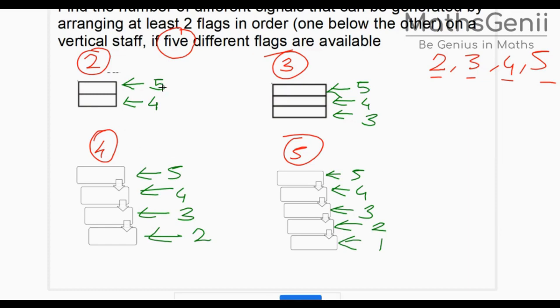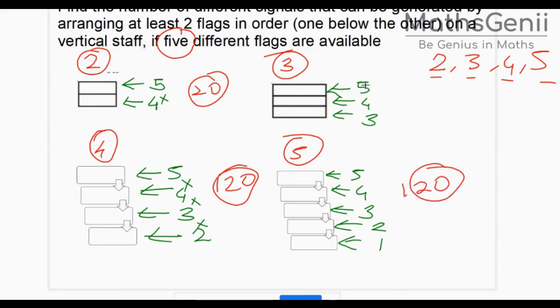So now all this becomes multiplied, right? I showed it in the last question. So multiply all this. When you multiply this, you get 20. When you multiply this, you get 120. When you multiply this, you again get 120. And when you multiply this, 5 4s are 20, 20 3s are 60.